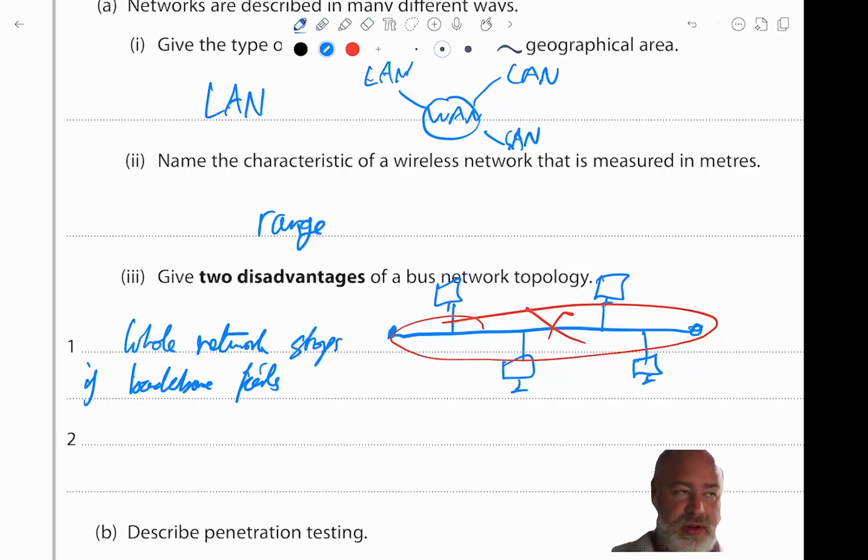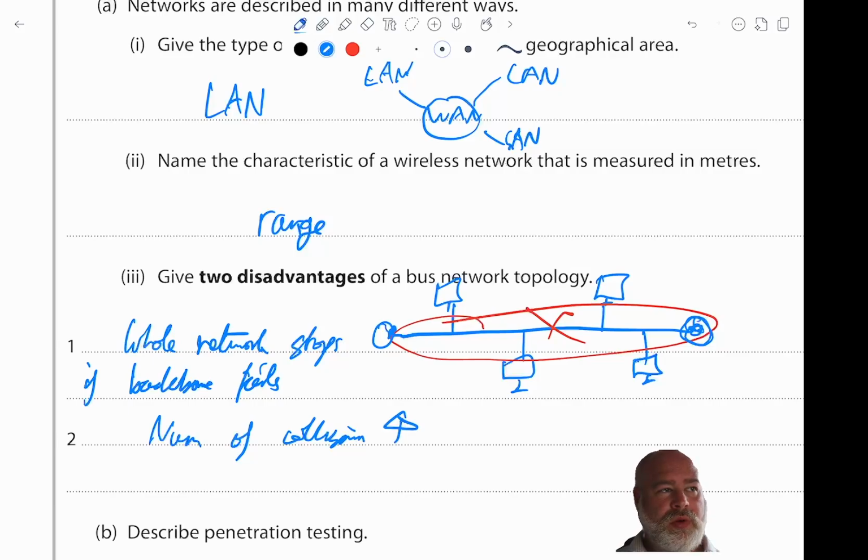That's the best option. Also, the number of collisions increases if you've got more devices, and also only one device can transmit data at any time, and if these terminators are missing, the whole thing stops working. So there are all sorts of issues. The data sort of bounces up and down here, and it can cause collisions.